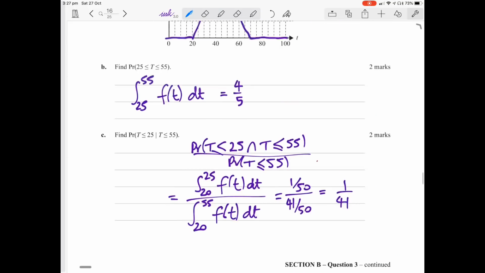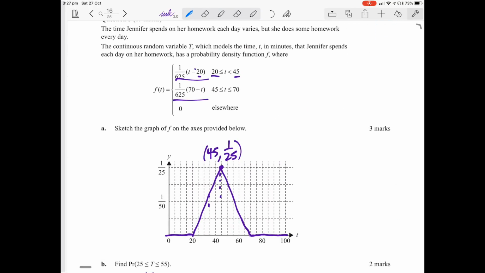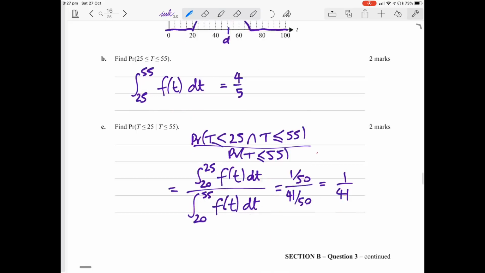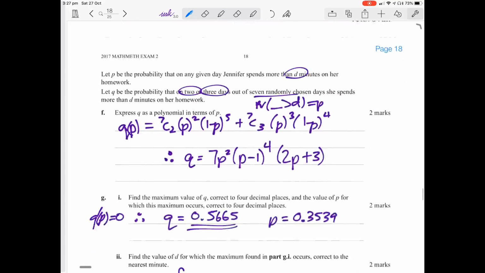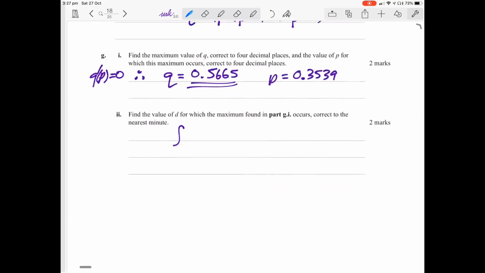Because it's symmetrical and it's 0.3538, it's got to occur after 45, because there's 5 there and 5 there. So we know we've got to go between D and 75, and that's got to equal that P value, 0.3539. So if we go from D to, is it 70? The integral of f(t) dt equals 0.3539. Find the value of D.